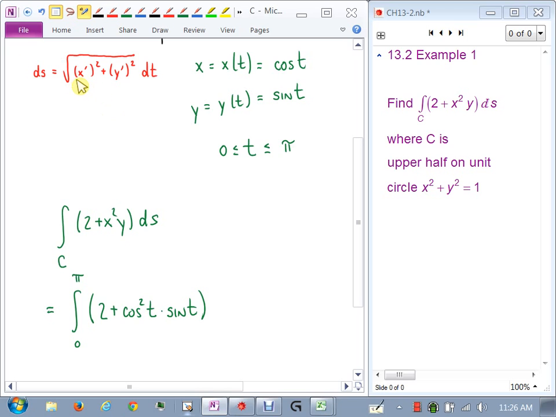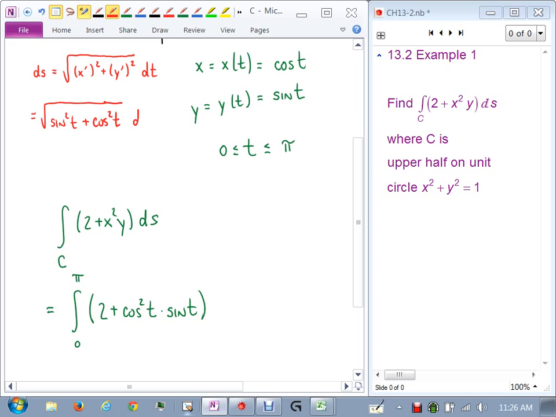What is the derivative of x with respect to t? Negative sine t, right? But then what are you going to do? Square it. So this is going to be the square root of sine squared t. And then the derivative of sine t is cosine t, but then square it, so cosine squared t.